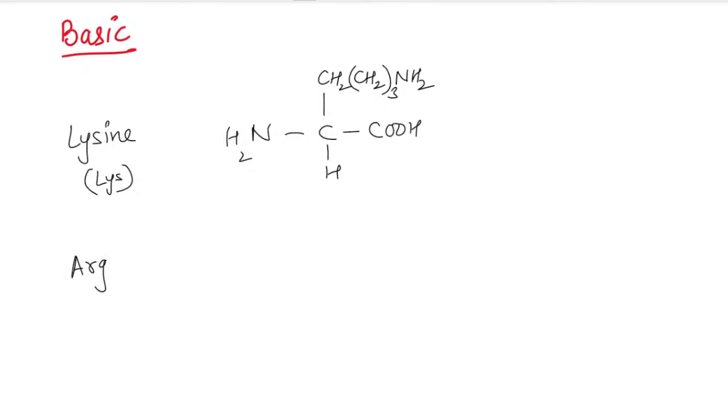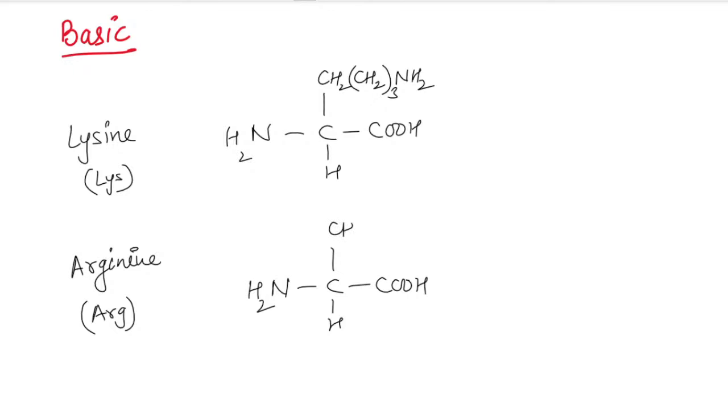Next is somewhat difficult. I have to say it because it is very difficult, but anyhow you have to keep in mind at least 2. NH2 CH COH, and this part is CH2 twice NH, NH2 double bond NH. See, NH2 groups are more than COH groups, arginine. So this is CH2 twice NH, C double bond NH, NH2. Okay, so these are basic alpha amino acids.